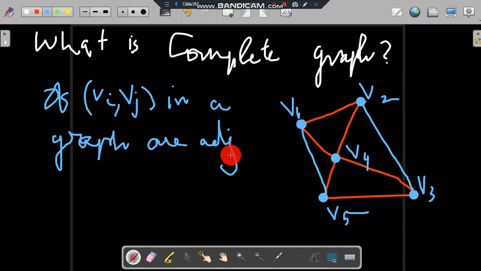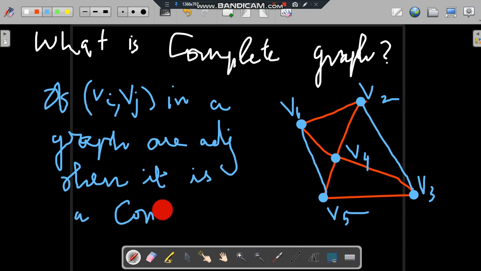So if all pairs are adjacent, then this graph is called complete. Then it is a complete graph.